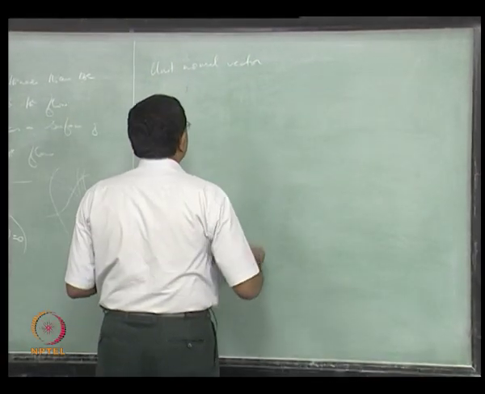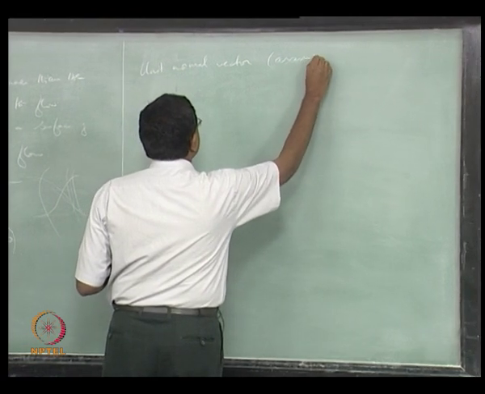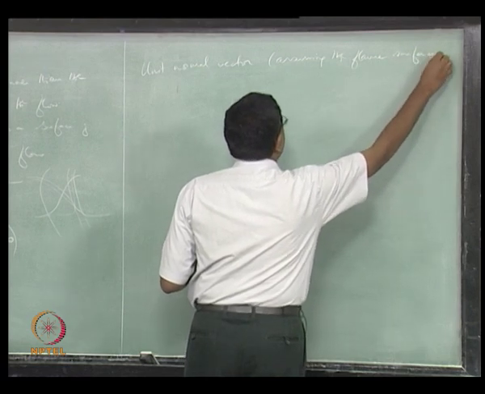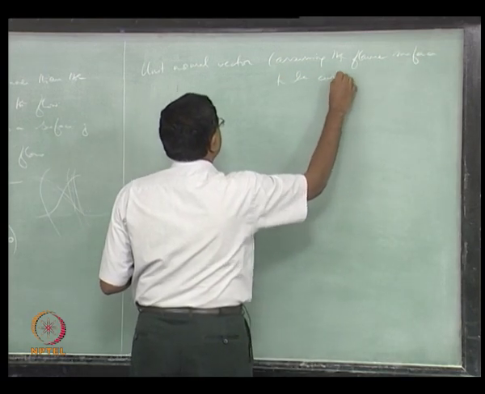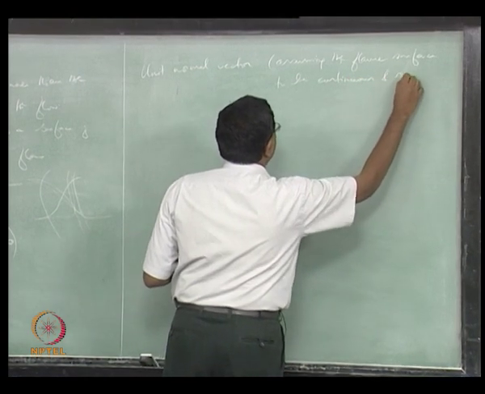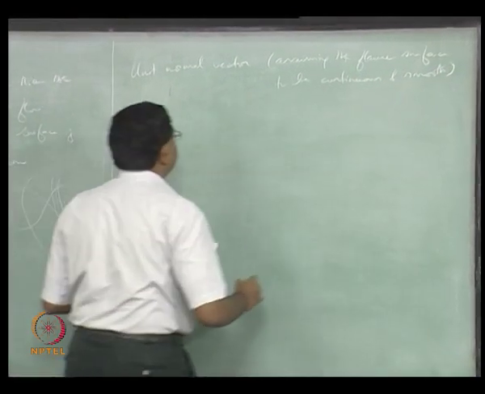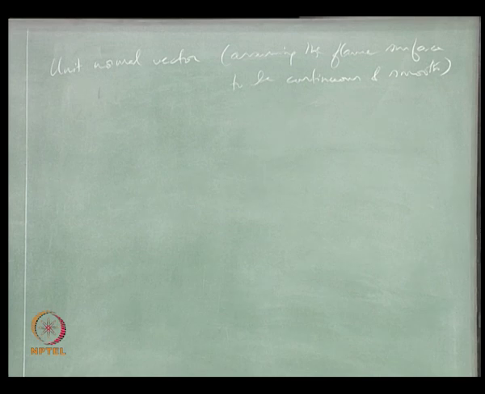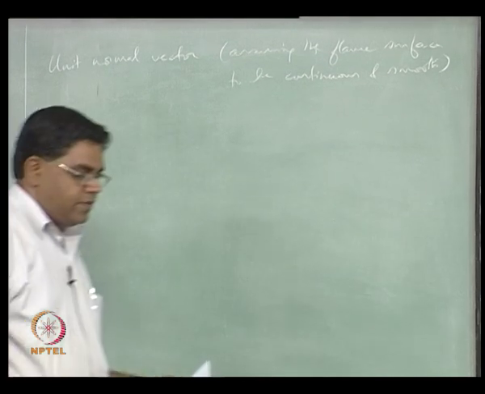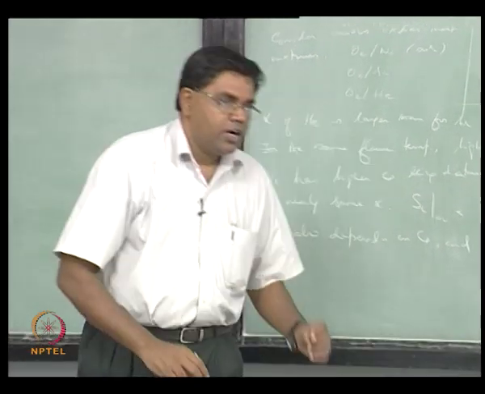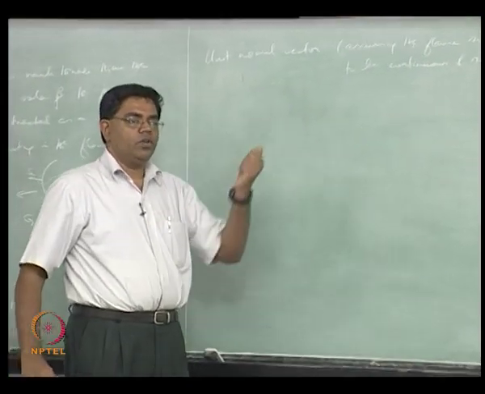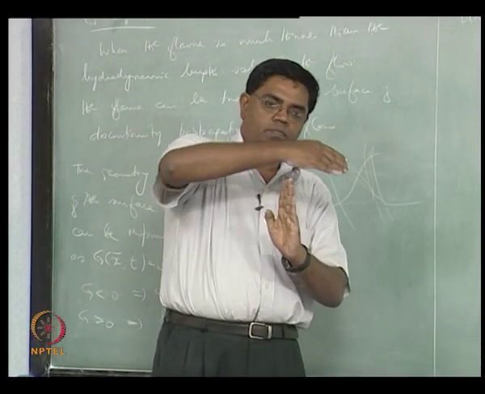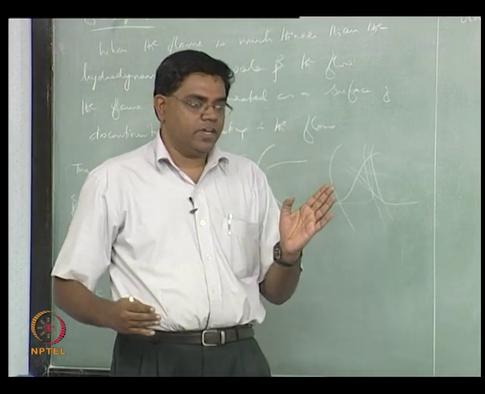Unit normal vector, we are of course assuming the flame surface to be continuous and smooth, alright. It is important to have a continuous and smooth flame as an assumption, because at every point you need to be able to define a unit normal. So if it is not smooth and it's having like a cusp, then you're going to have multiple unit normals at that point which is ill defined, right.